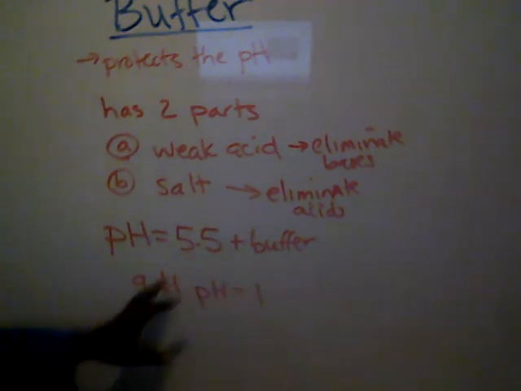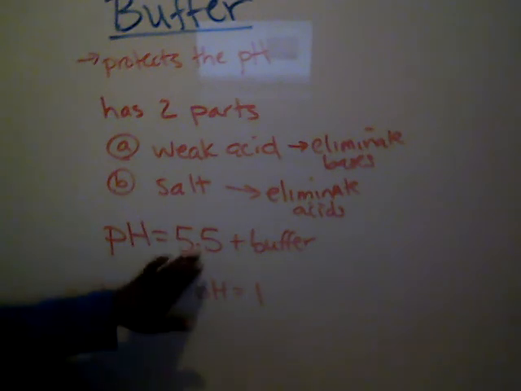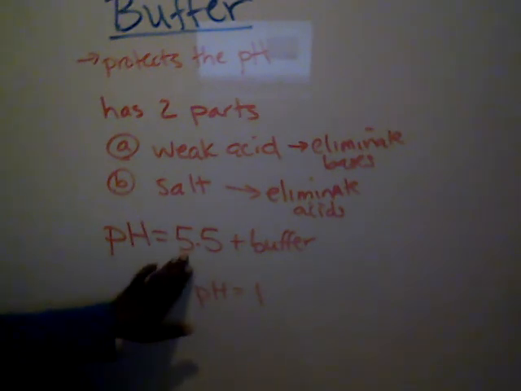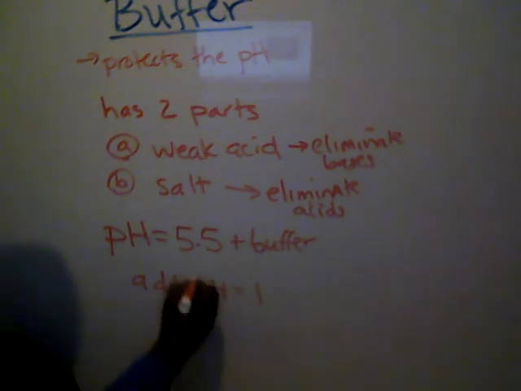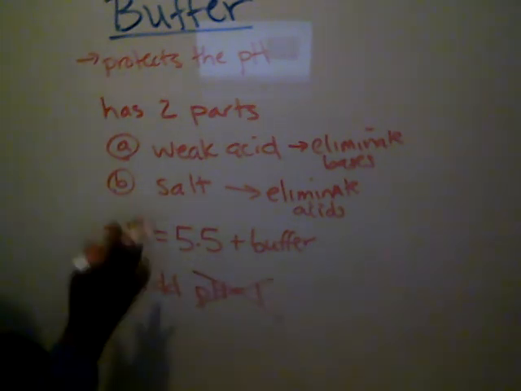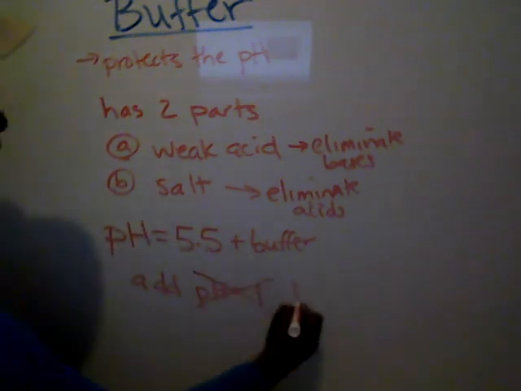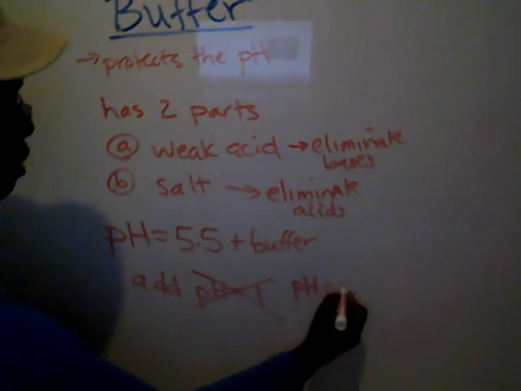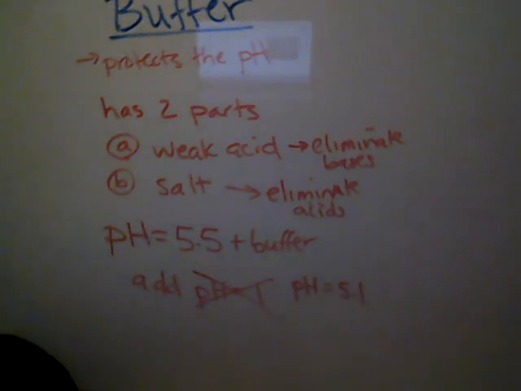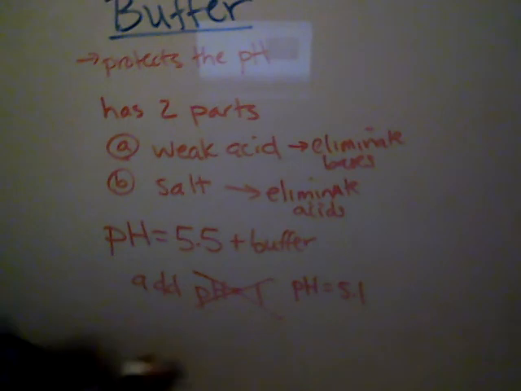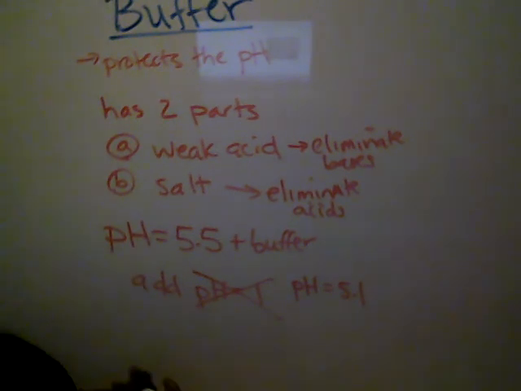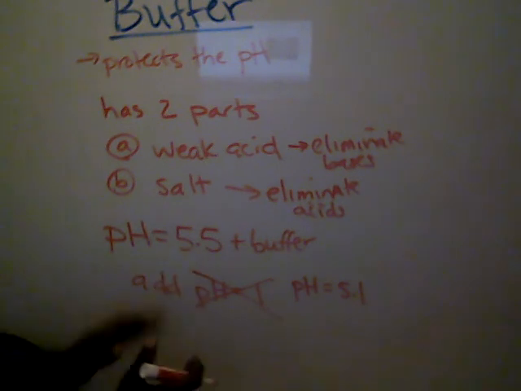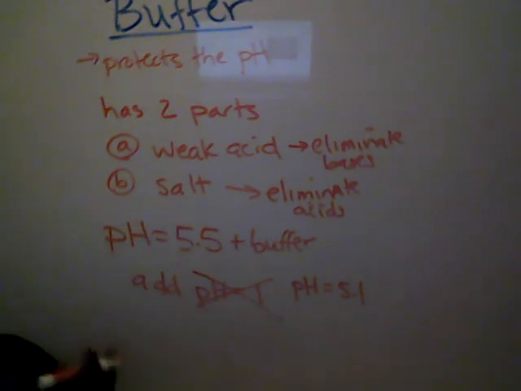Without the buffer, the number would drop to probably closer to 3, somewhere in between. Instead, the buffer protects the pH and it may lower it just slightly, maybe to 5.1, but not significantly. That's the beauty of the buffer. It keeps the pH around the same value. It doesn't mean it won't change at all, but it won't change as much as it would without the buffer.